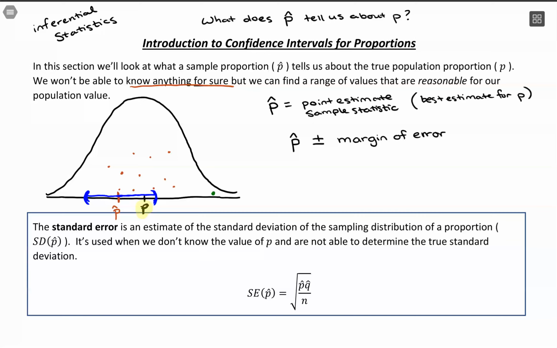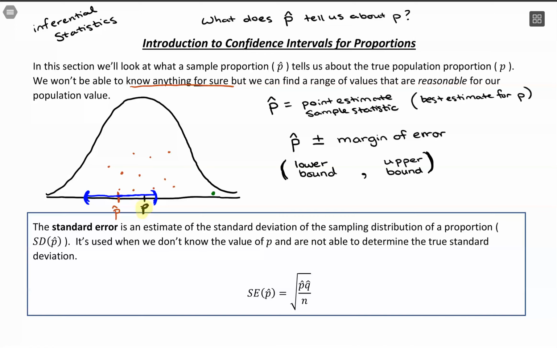And we're going to have this level of confidence with how sure we are. So what we're going to end up with in our calculations for confidence intervals is an interval. For our interval notation, we'd use parentheses, and then some value that would represent a lower bound, and then some value that would represent the upper bound based on our calculations.